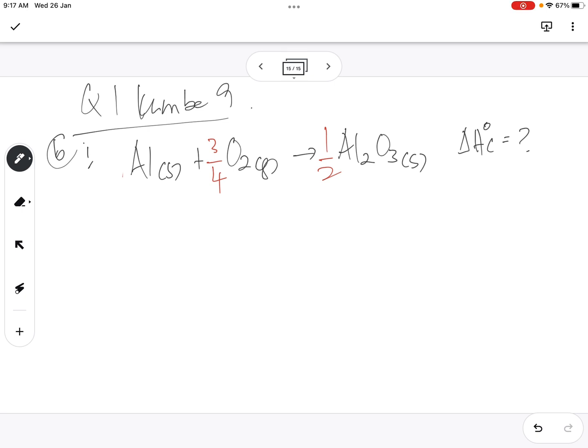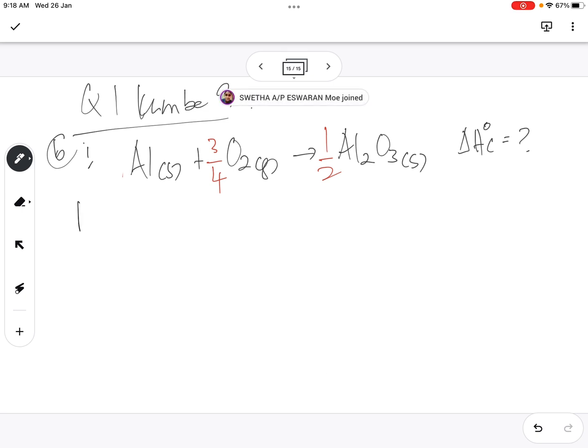So we want to find the standard enthalpy of combustion. The information they give is that combustion of a sample of aluminium produces 0.25 mole of aluminium oxide and releases 419 kilojoules.